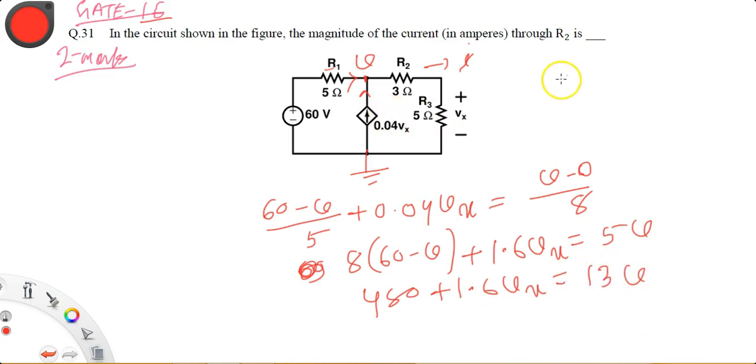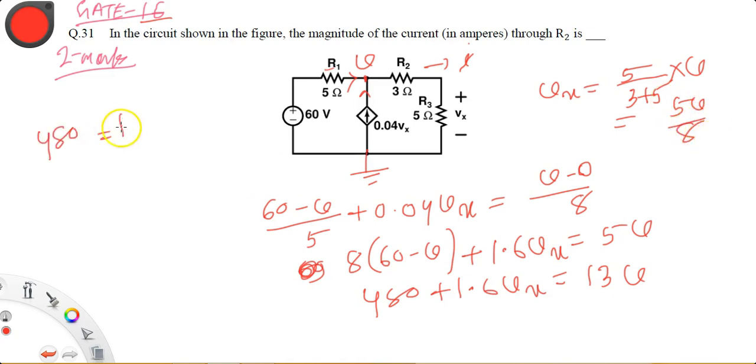But what is Vx? By potential division, you can find Vx equal to 5 upon 3 plus 5 into V. So Vx equal to 5V upon 8. So 13V minus 1.6 into 5V upon 8.